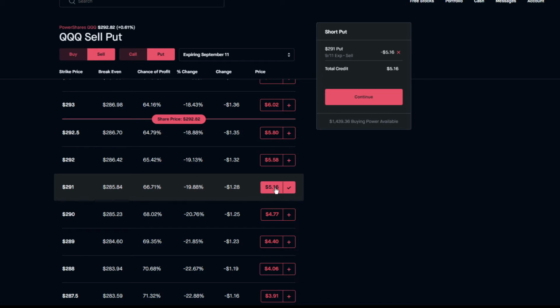Now keep in mind that you are getting 516 per share, which in the contract's 100, so $516 for the contract itself. But you are gonna have to have $291 times 100, which is pretty much around like 30K. And that's a lot of money right there.